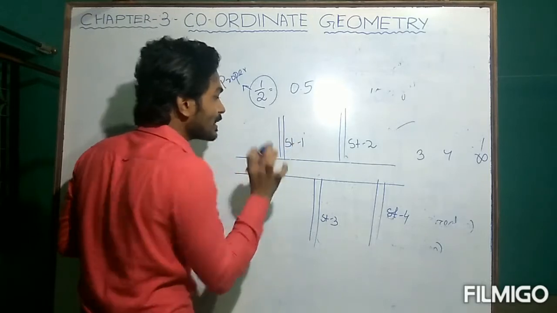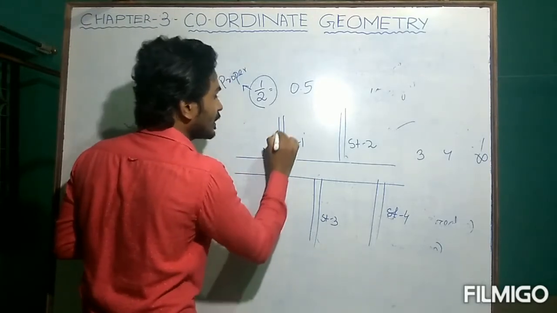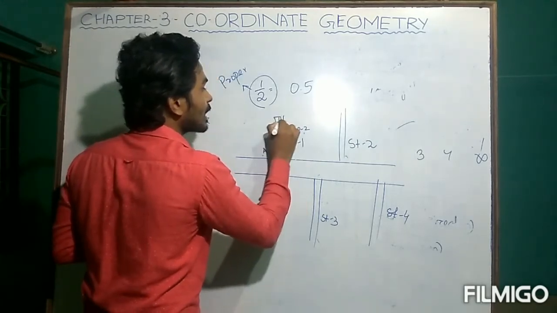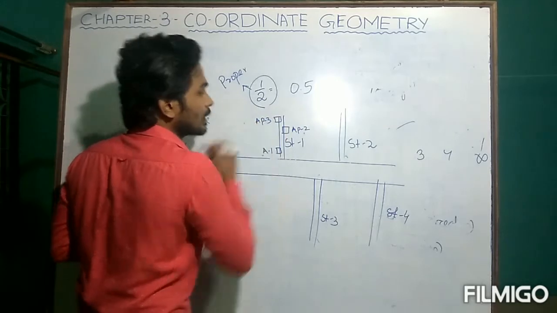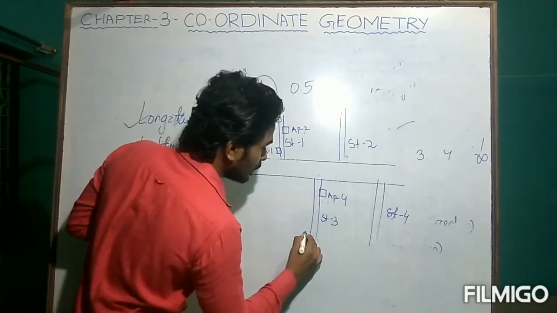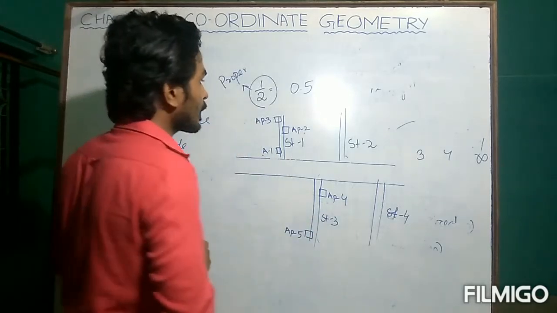Suppose in street 1 there are 3 apartments: apartment 1, apartment 2, and apartment 3. And suppose another street has 2 apartments, apartment 4 and apartment 5.